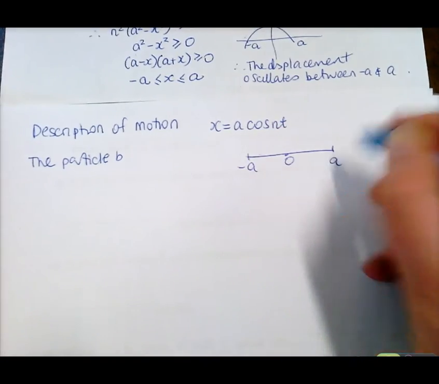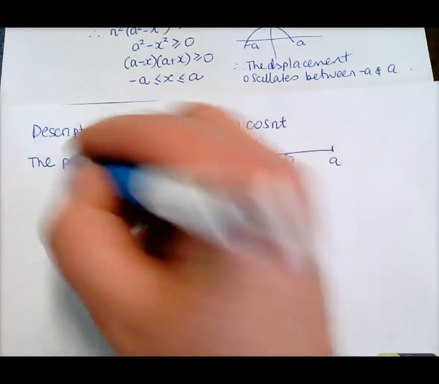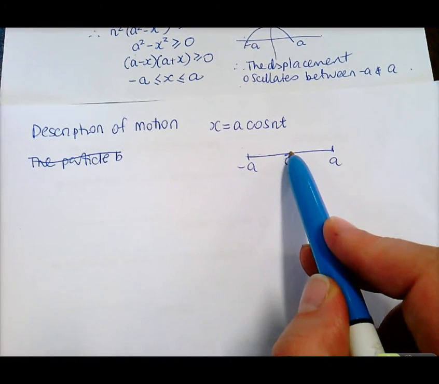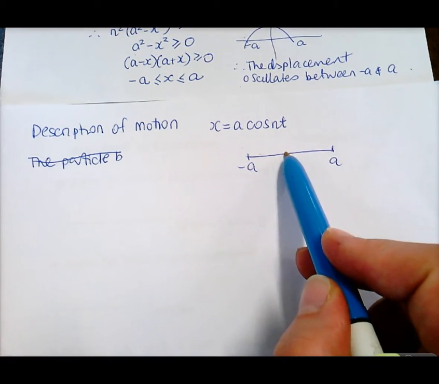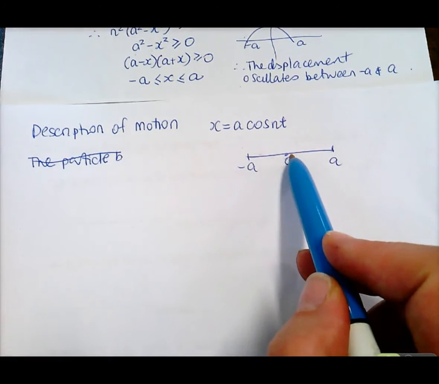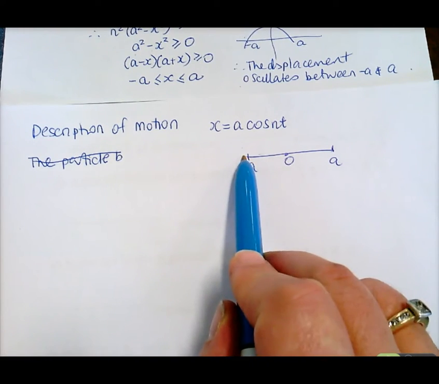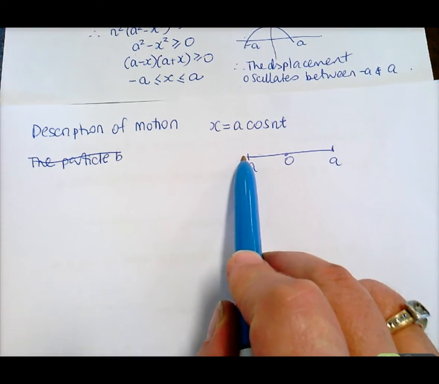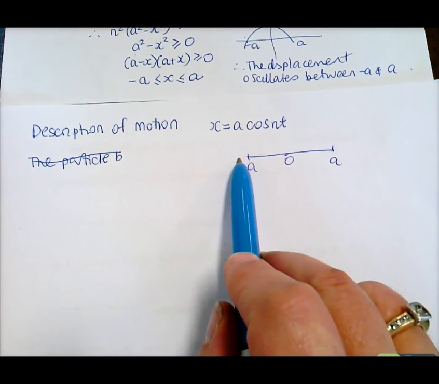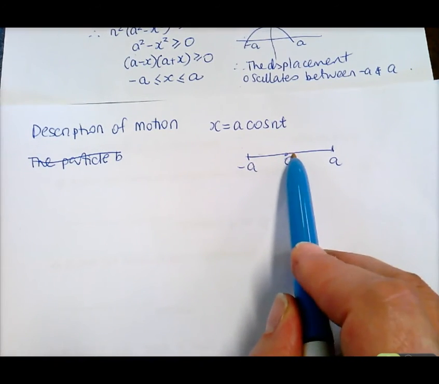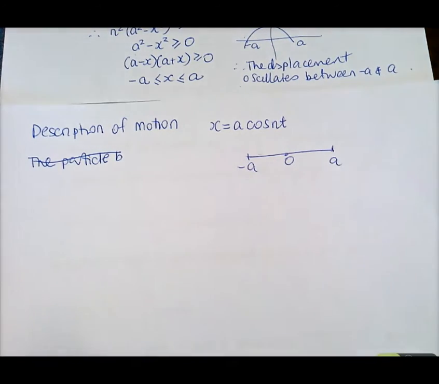The particle starts at A, moves towards the center. Is it speeding up when it goes towards the center? Yes, with increasing speed. It passes through the origin, then it moves to x is negative a. Is it slowing down or speeding up as it goes out there? Slowing down. It stops, it changes direction and moves back to O with increasing speed, passes O, decreases the speed to get back to A and so on.